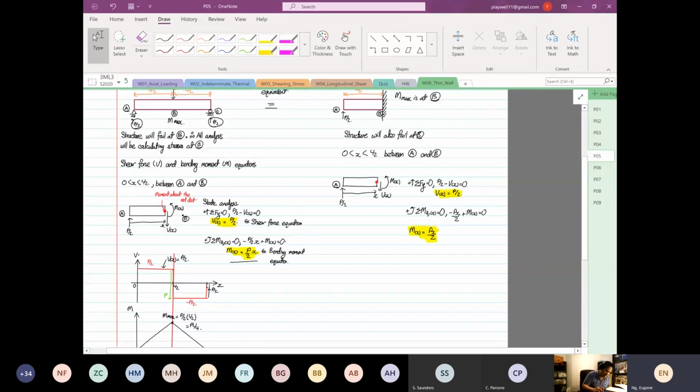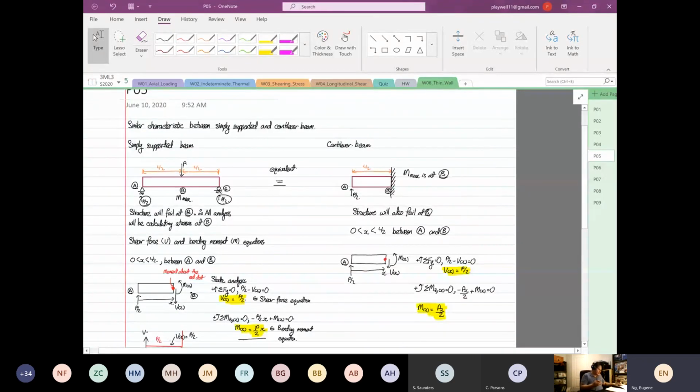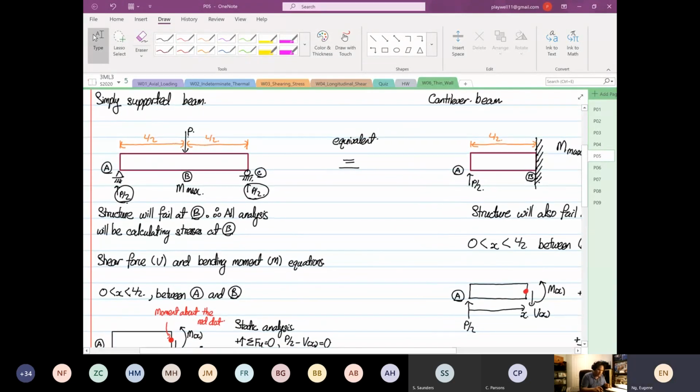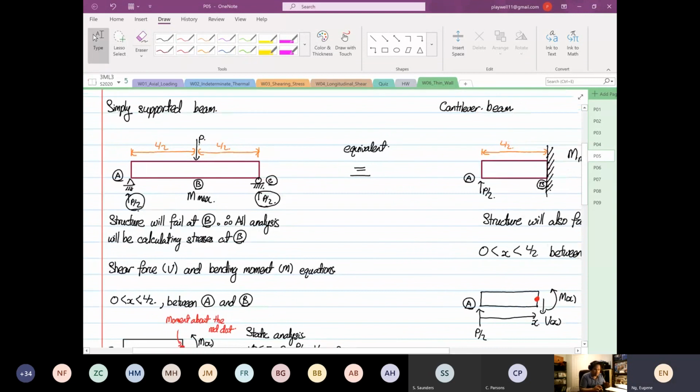So that is why when we analyze the structure, we can treat a simply supported beam like a cantilever beam, because the failure point is the same. Are we clear? The failure point is the same.